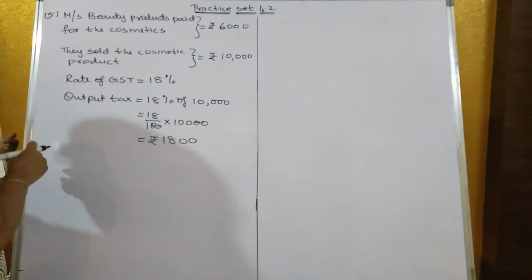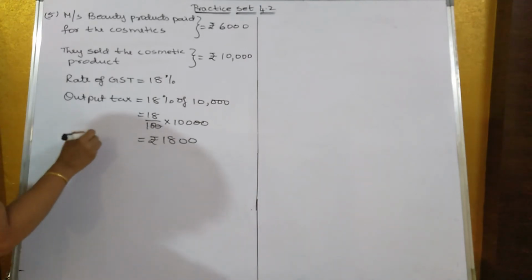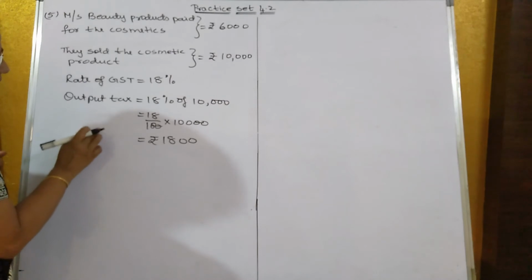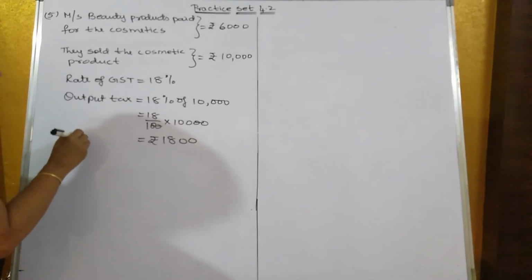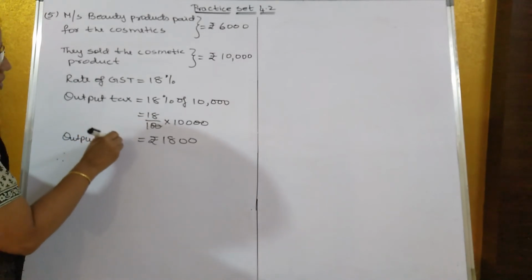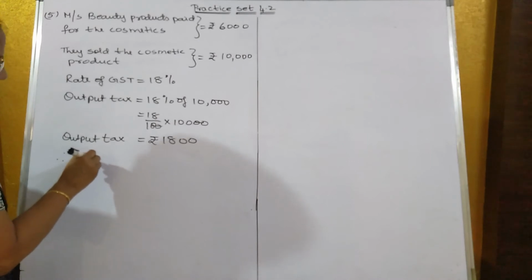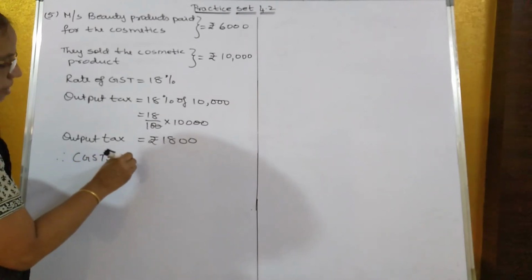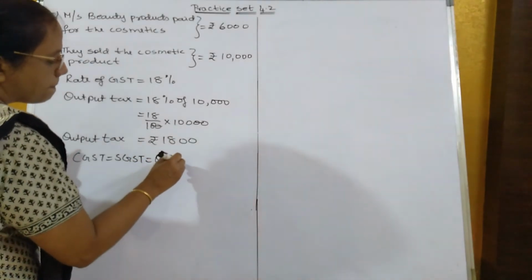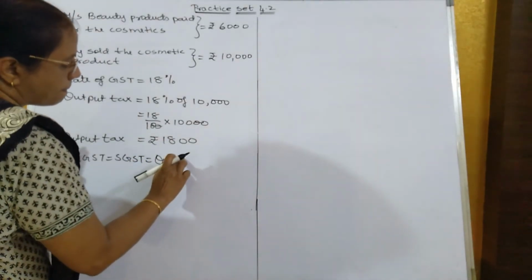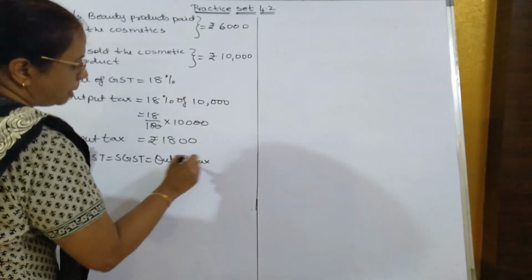So what is the amount of CGST and SGST? Therefore, GST, or you can write down output tax, is equal to rupees 1800. Therefore, CGST is equal to SGST is equal to output tax divided by 2.